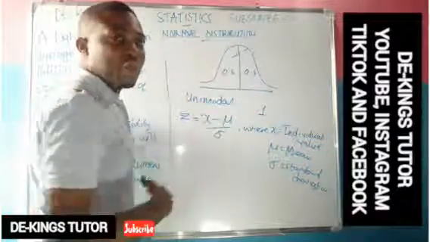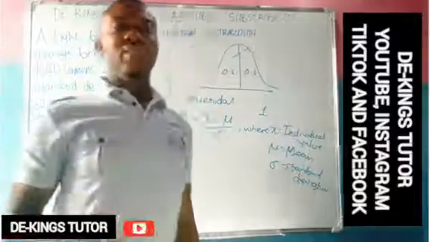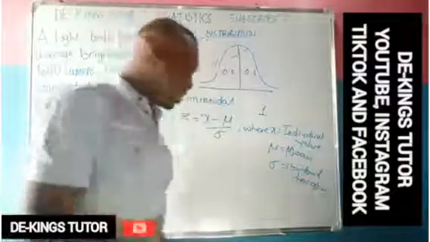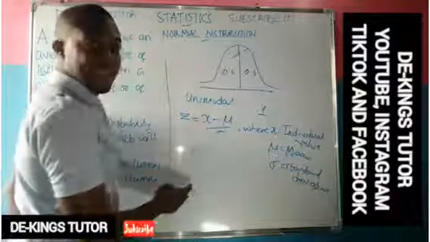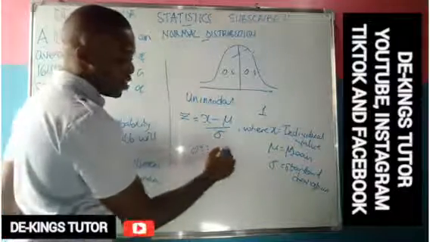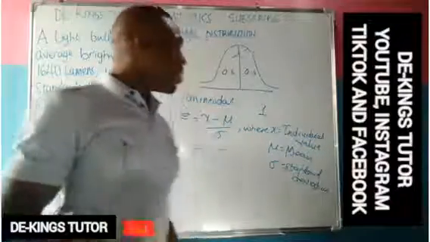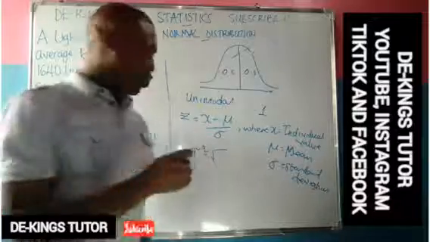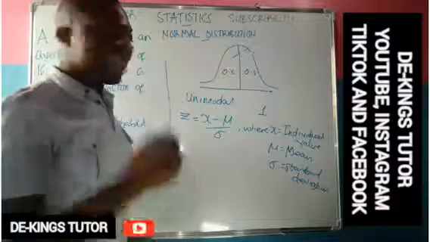In case you're not given the standard deviation but a variance, you have to get the standard deviation. The variance is the square of the standard deviation, while the standard deviation is the square root of the variance.